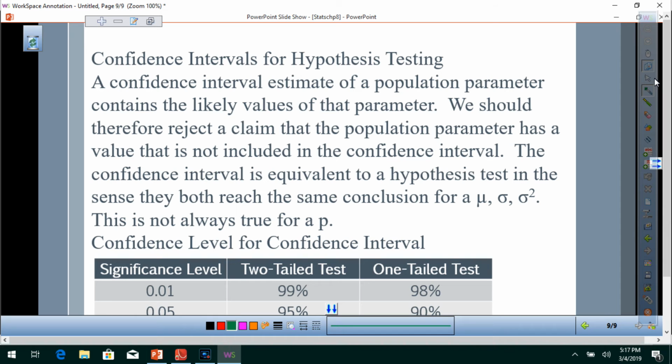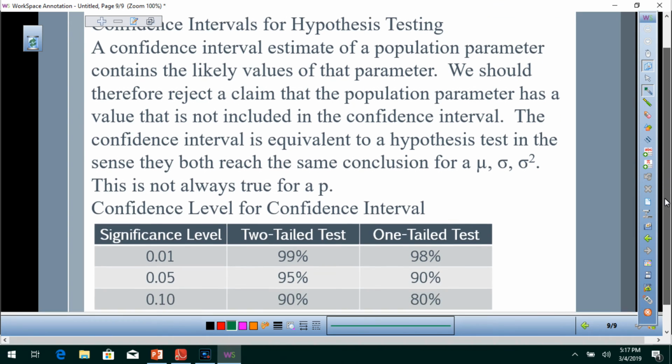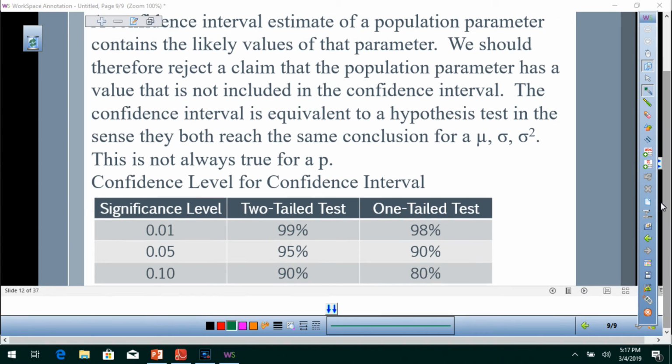The confidence interval is equivalent to a hypothesis test in the sense that they both reach the same conclusion for the mean, the standard deviation, and the variance. This is not always true for proportions. Now, it worked on this one that we just did, but it doesn't always work.